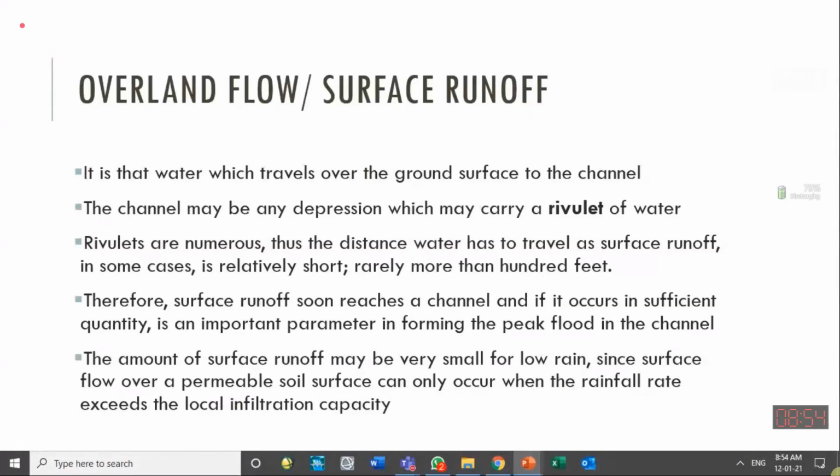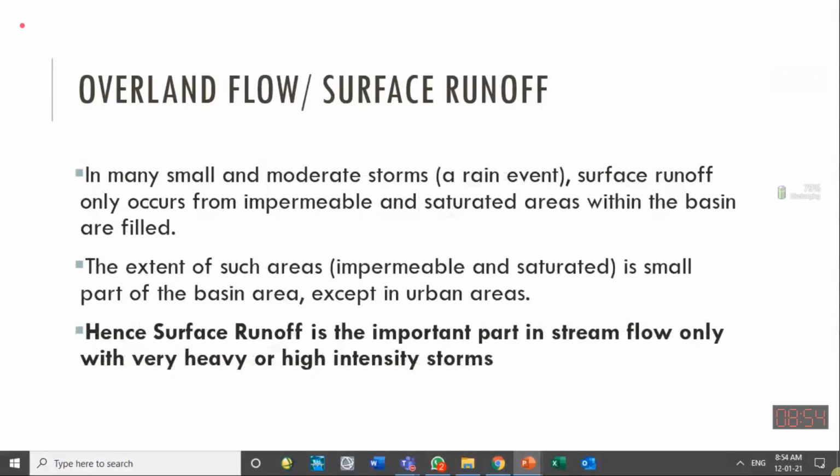Depth of water multiplied by the area becomes volume per second. So if the infiltration rate is small and the rainfall rate is more, then surface runoff will occur. Otherwise surface runoff will not occur. And the infiltration rate is not constant. It changes with the soil type and surface type.